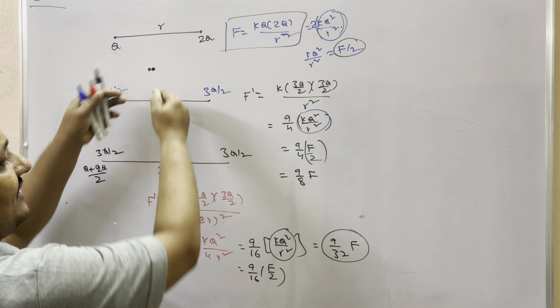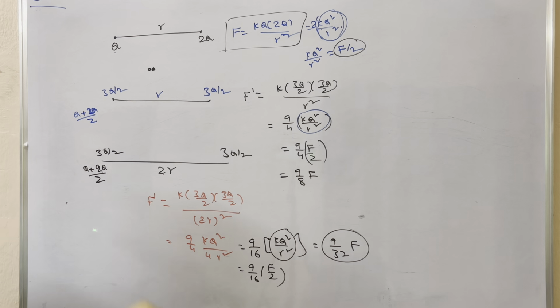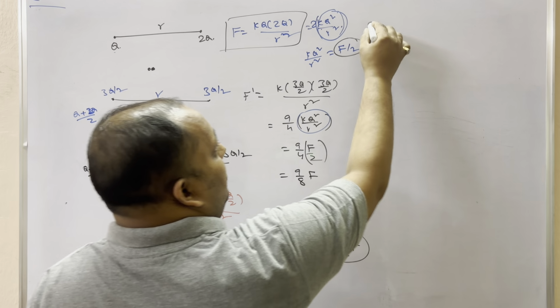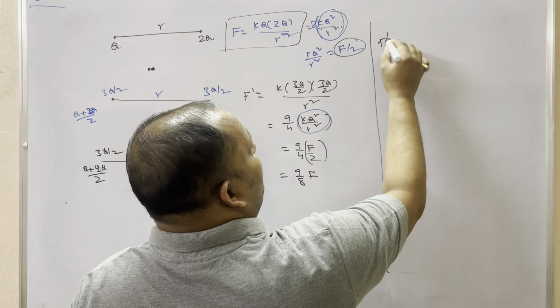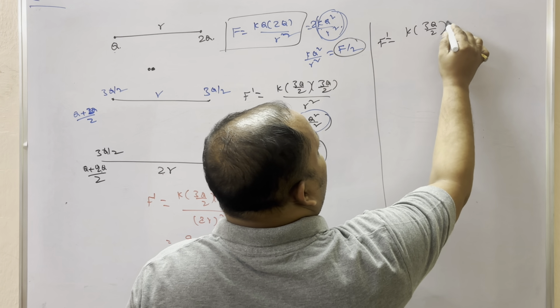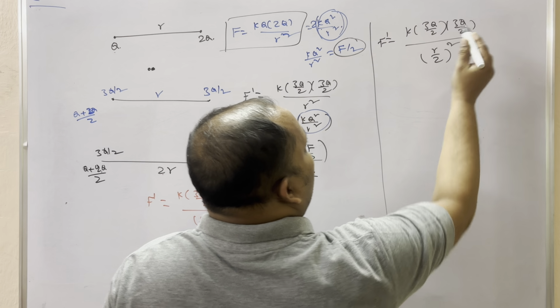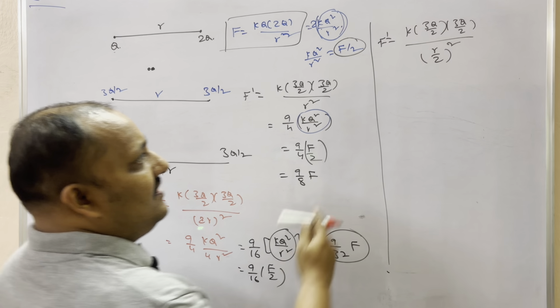Now after contact, separation between them is halved, 1 by 2. At that time, what is the new force? You can solve. F dash is equal to k into 3q by 2, 3q by 2 divided by r by 2 whole square. Correct?